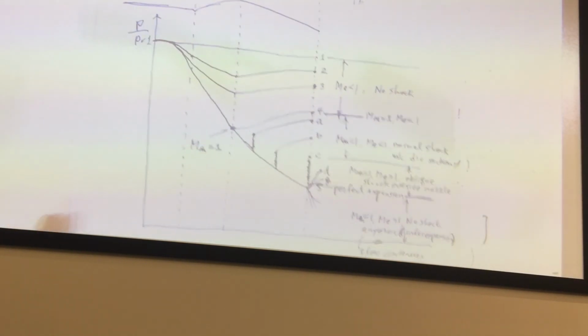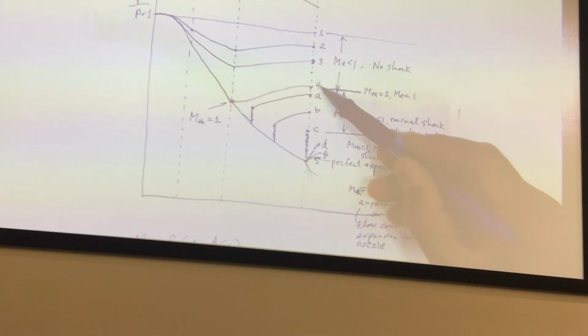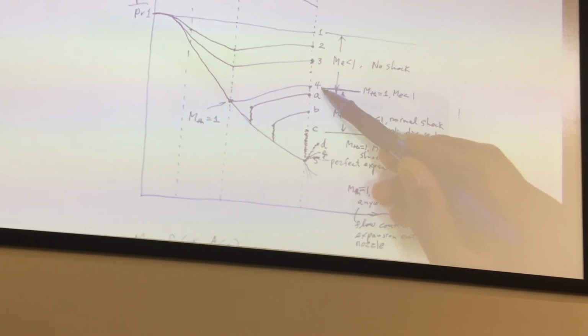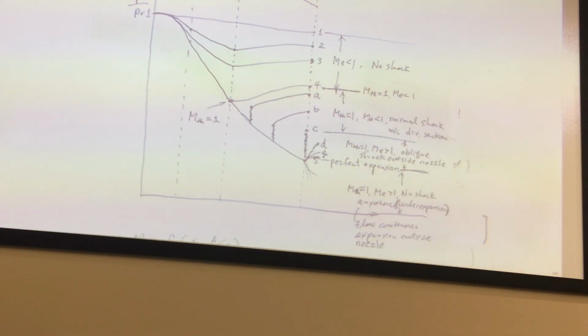Everyone's paying attention. Now, at point 4, you will have subsonic exit. The thing about point 4 is that you will have isentropic flow throughout the whole thing. Meaning, you have acceleration of the flow, sonic at the throat, and then deceleration isentropically to subsonic flow at the end.